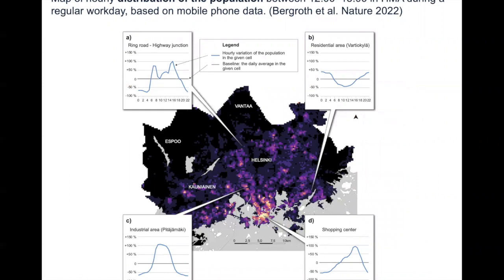For Finland, for example, we have really good data. This is a recent publication in Nature, just a few weeks ago. It would be much easier than in Cambodia, for example. Here you have the distribution of the population between 12 and 1 o'clock on a regular working day in the Helsinki area, based on mobile phone data.